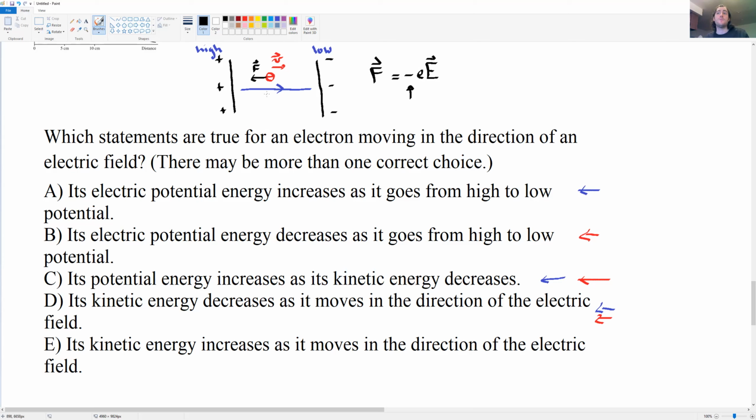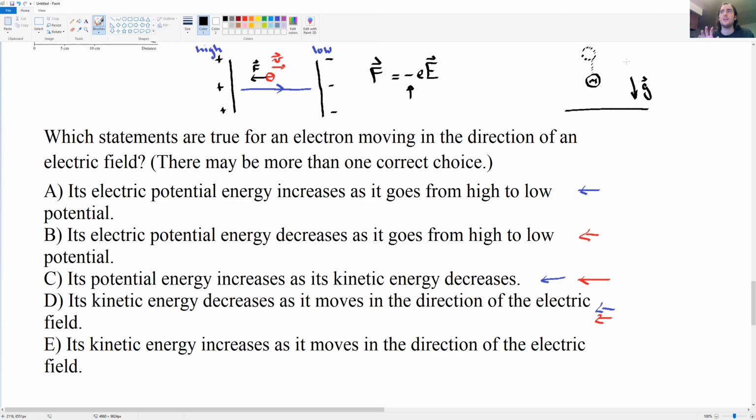I would say its potential energy is increasing as it moves against the force acting on it. That's like lifting a mass against a gravitational field. The gravitational field is downwards, and we lift this mass up so that it ends up here. The force in this case is down, and we're moving the mass against that force, so we're increasing its potential energy.